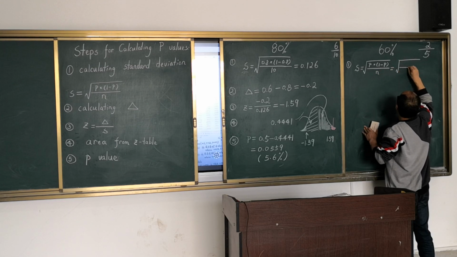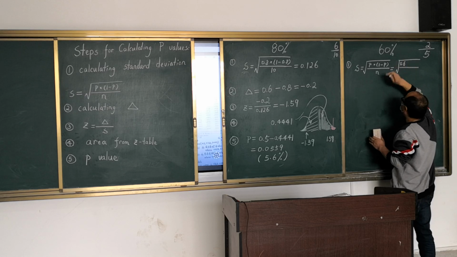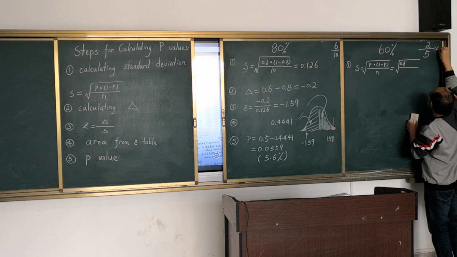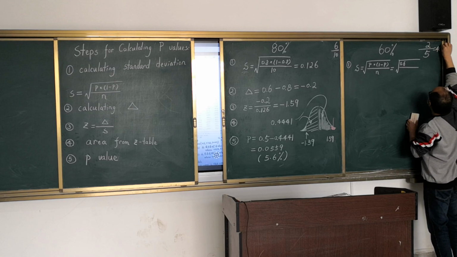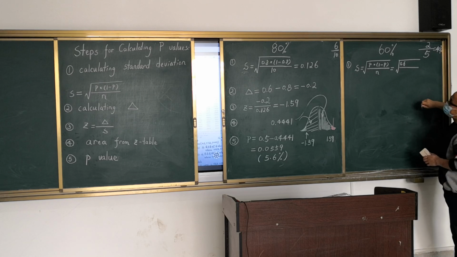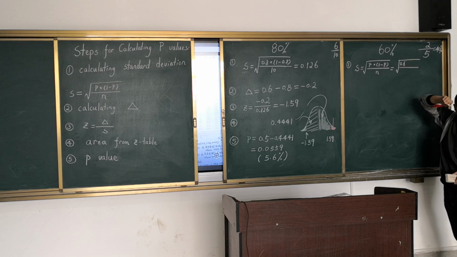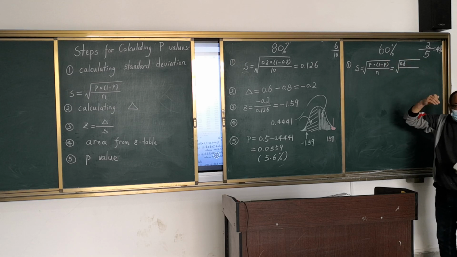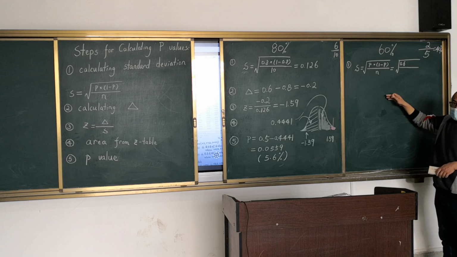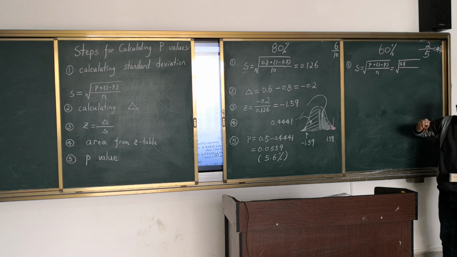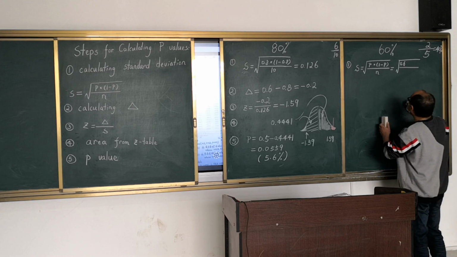Is 0.6 from his claim, even though this is 40%. This is the real life. This is the ideology, okay? He says he's 60%, but the real life is 40%.